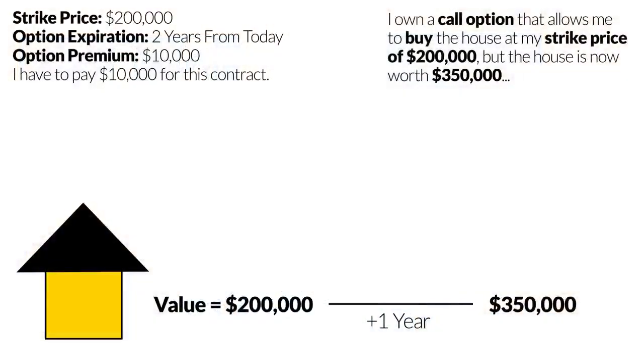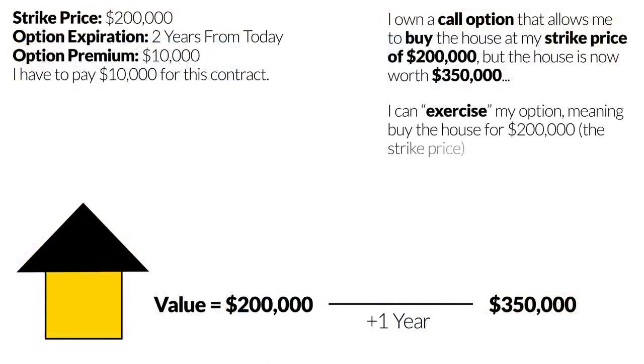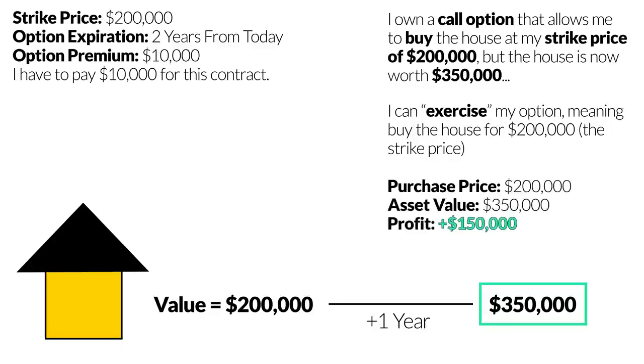So now I can actually exercise my option, meaning that I will buy the house at the strike price, which is $200,000. And since the house is currently valued at $350,000, I am buying something that is worth $350,000 for a value of $200,000. And because of that, we could say that my profit from this scenario is $150,000.